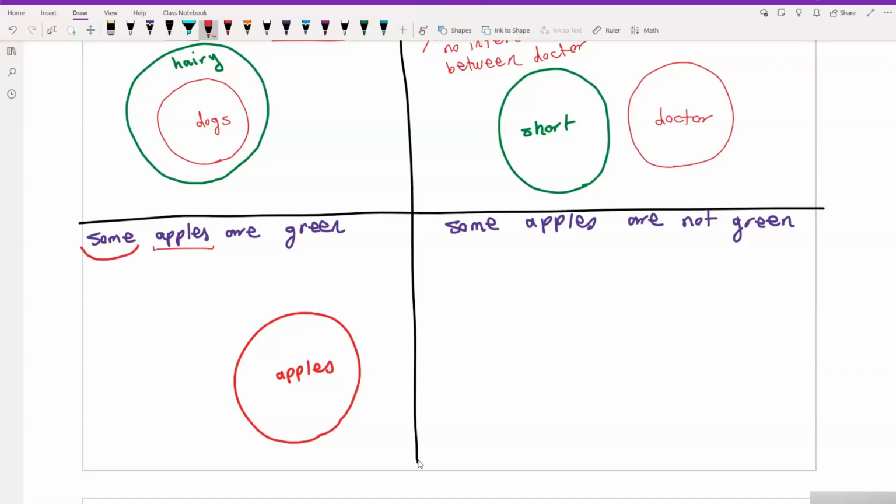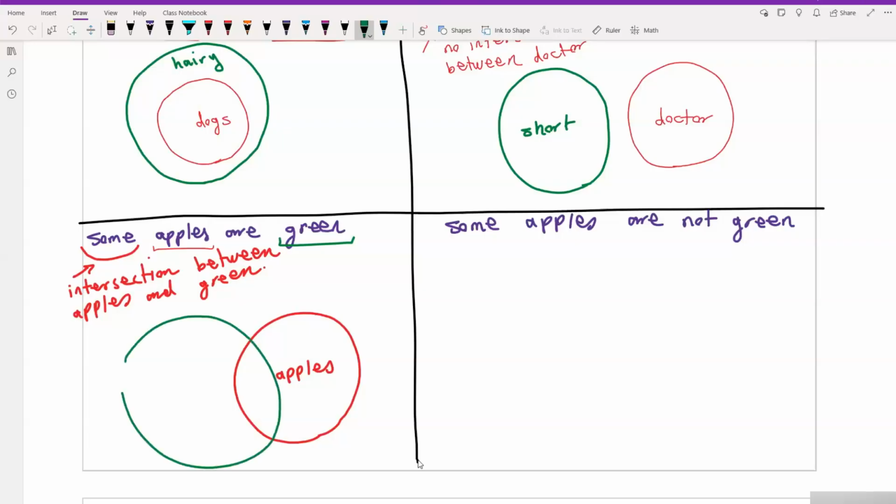For this part, we have "some." This means there is an intersection between apples and green. So when we try to draw the second part for green here, we should know that there are some members in common.